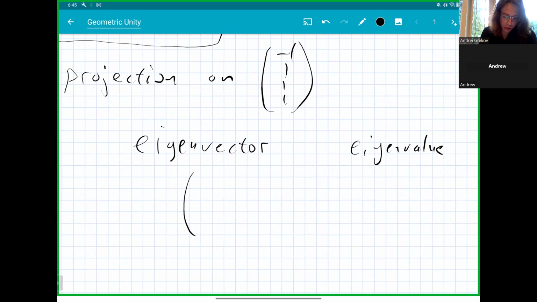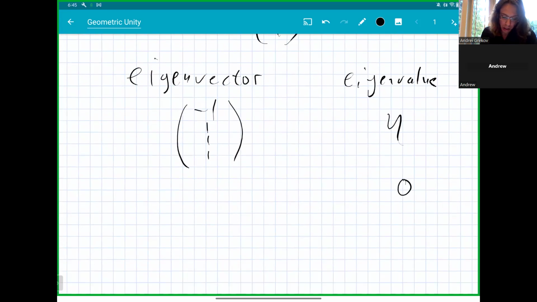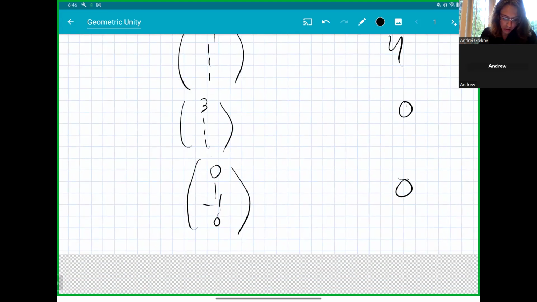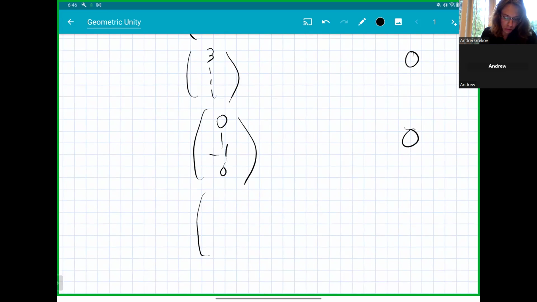Obviously this is one of them with eigenvalue 4, and all others will have eigenvalue 0, orthogonal to this one. So for example 3 1 1 1, and then 0 1 minus 1 0, and the last one I could choose for example to be 0 1 half 1 half minus 1, so that they're all orthogonal to each other.